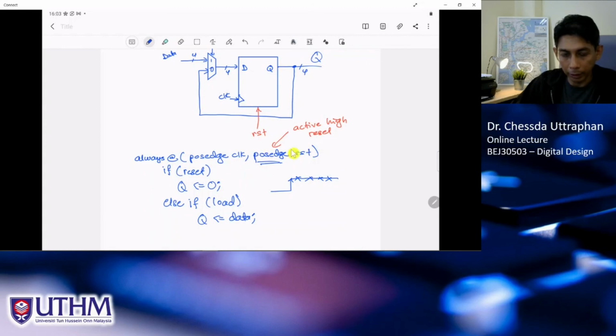But this is a requirement in Verilog, and it is called an asynchronous reset.